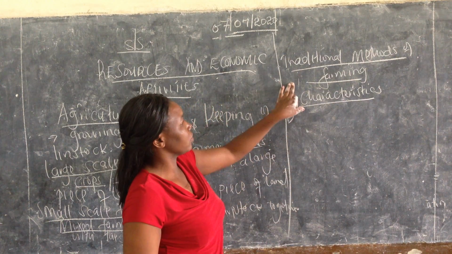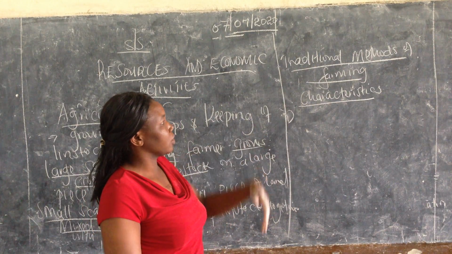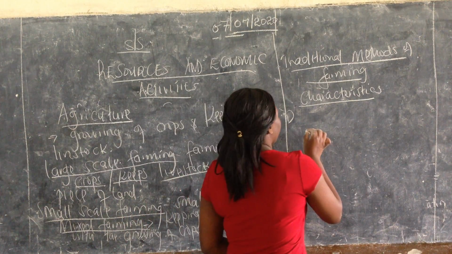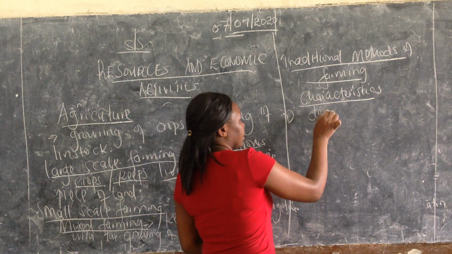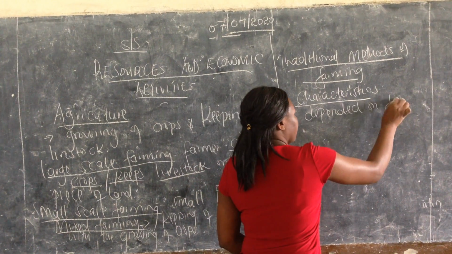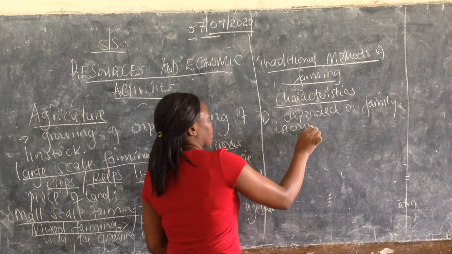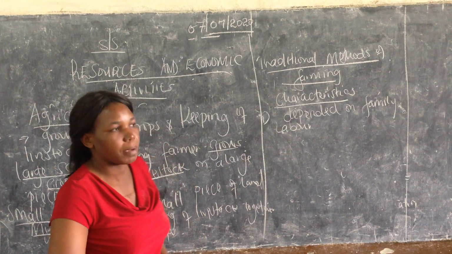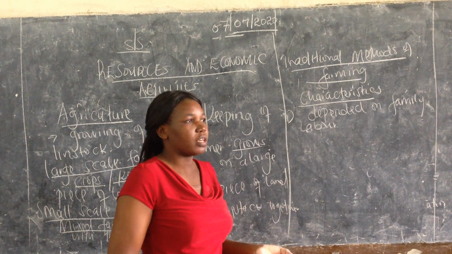Traditional farming was done during the traditional time in the African community. Farmers depended on family labor, meaning that the members of the family were the ones in the farm, going to the farm digging.